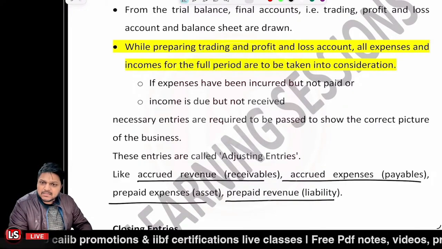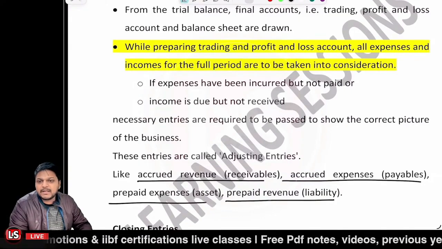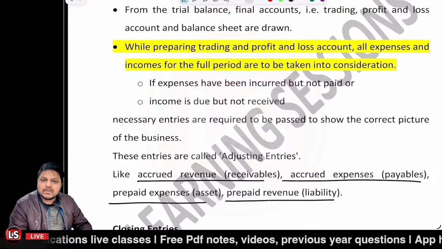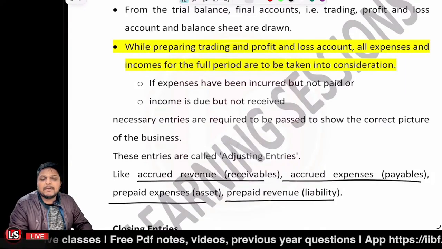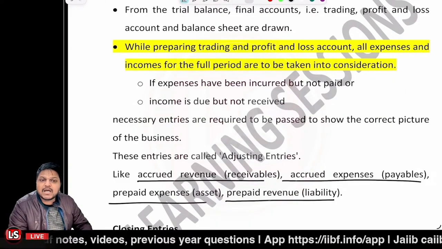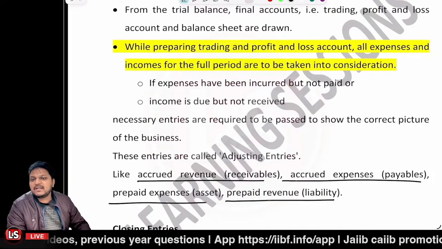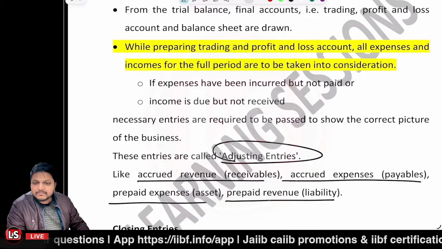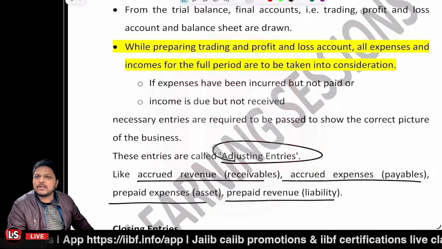Prepaid expenses are already paid but not incurred. Prepaid revenue is what? You have received the advance but you have not given the service so far, right? Those are to be adjusted, and the entries so passed are called adjusting entries. Is this point clear to you?